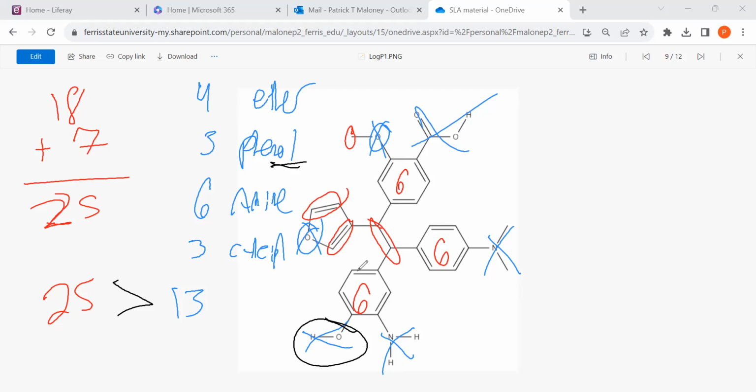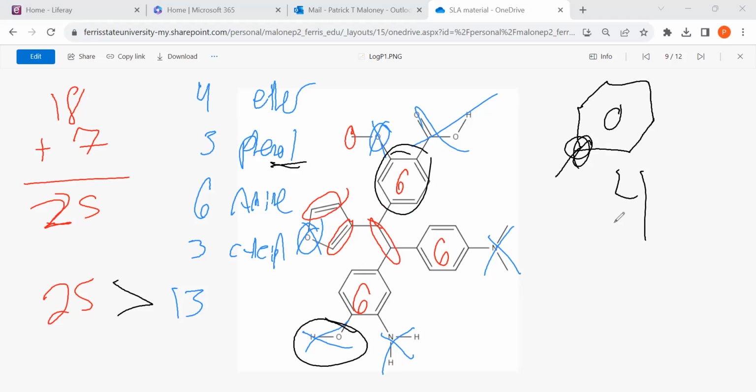So non-phenol carbons are 1, phenol carbons are 6, unless they are attached to nothing else. So that would be a phenol with only 1 attachment, and it would be monofunctional, so it would count as 4. But these are not very common.